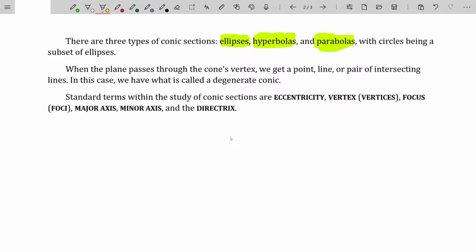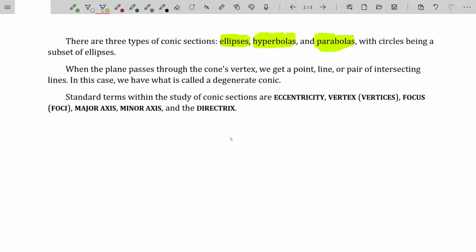The problem with conics, and why they have such a bad rap, is there's a ton of definitions associated with conic sections. Words like eccentricity, vertex or vertices for plural, focus or foci for plural, major axis, minor axis, directrix. There are actually a bunch of others that I don't bother listing here, but a bunch of definitions float around with conic sections.